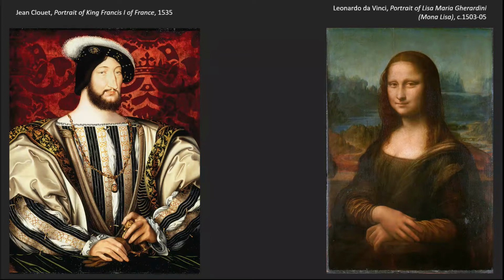Well, there's a story that he was trying to make a drawing of St. George and the Dragon, or a painting of St. George and the Dragon, which would have pleased Francis because Francis belonged to a military order that was dedicated to St. George. And Leonardo was going to draw the dragon, but he doesn't like drawing things he can't see, so he's going to figure out a way to make this work.